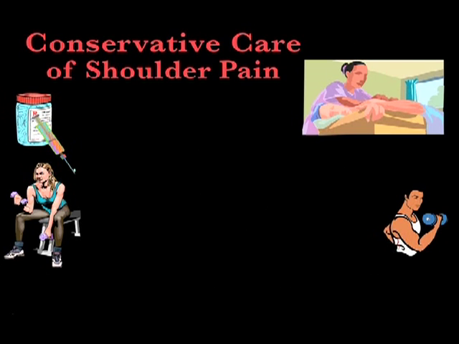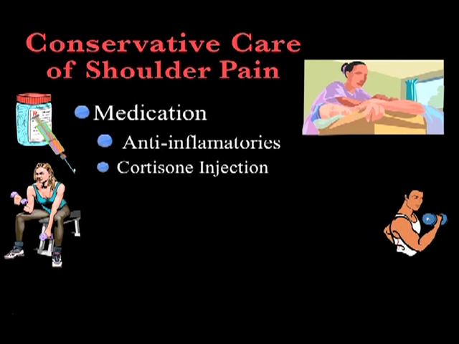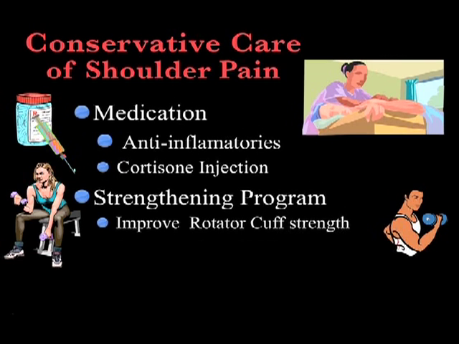Fortunately, the treatment of biceps tendon and rotator cuff injuries noted in the last slide involves the same frequently successful combination of anti-inflammatory medication and strengthening used to treat impingement.